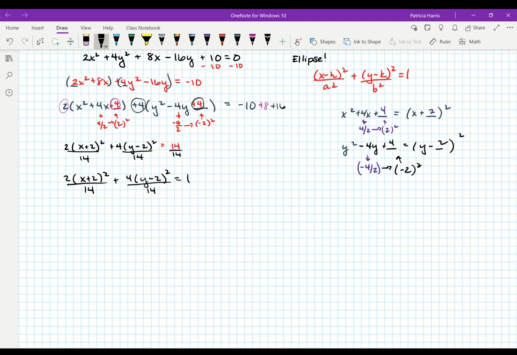Okay, so this one is actually pretty easy to fix because that reduces. So that would be a 7. So now this one reduces too, but it doesn't reduce all the way.